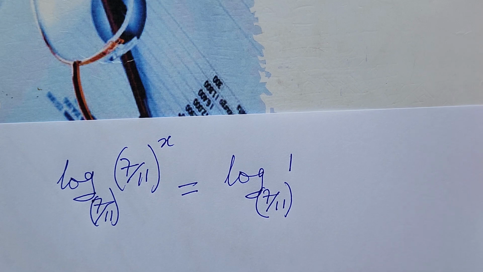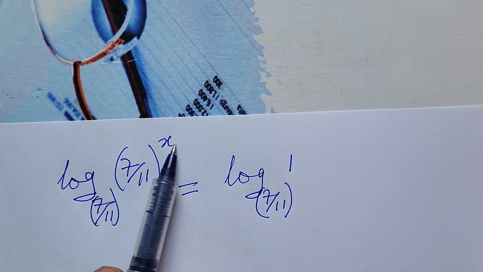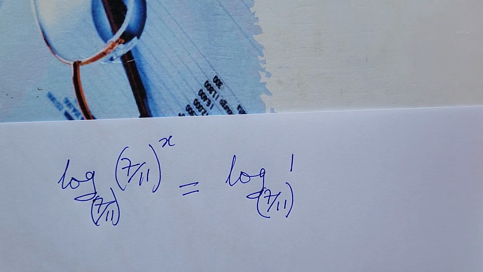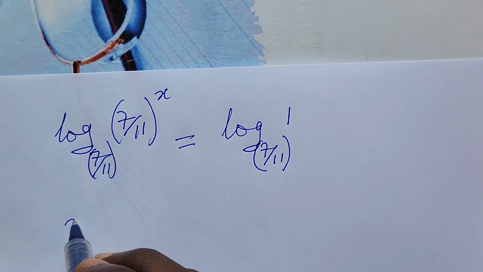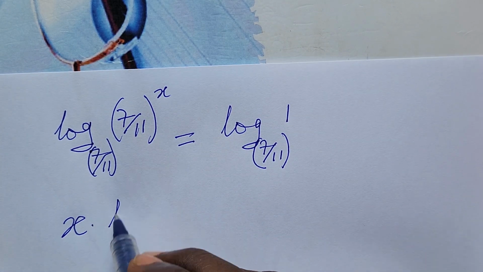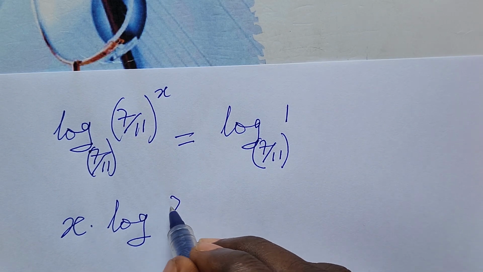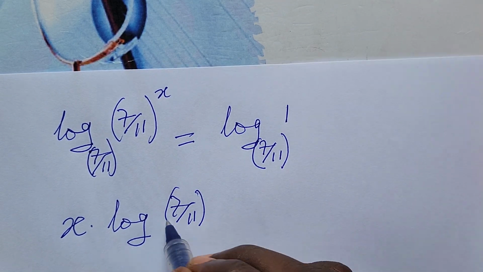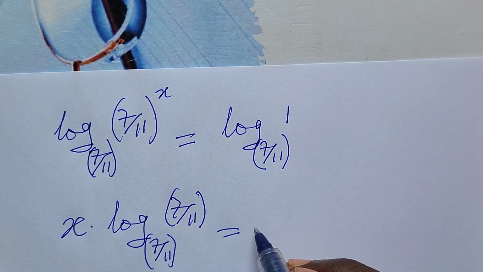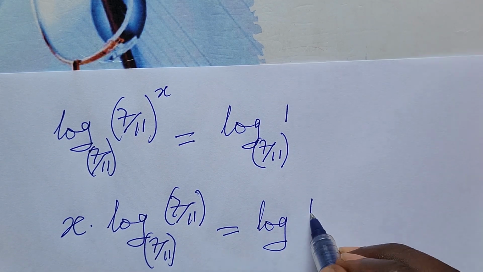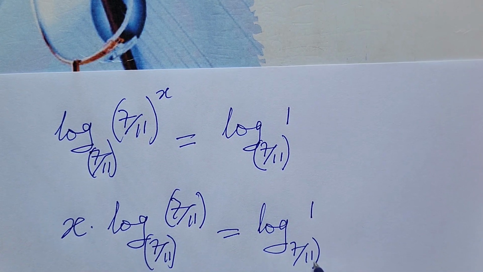Now here we apply the exponential law of logarithm again, whereby we move this to this side. So if we do that, this is going to give us x times log of 7 all over 11, base 7 all over 11, then everything equal to log 1 base 7 all over 11.